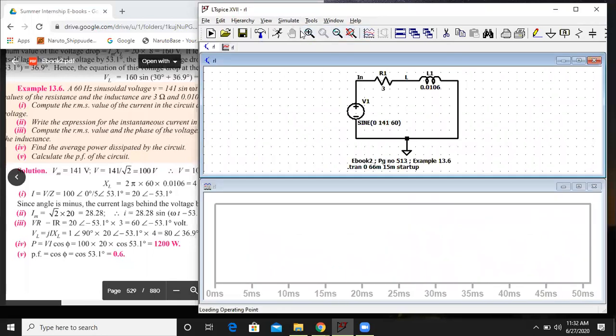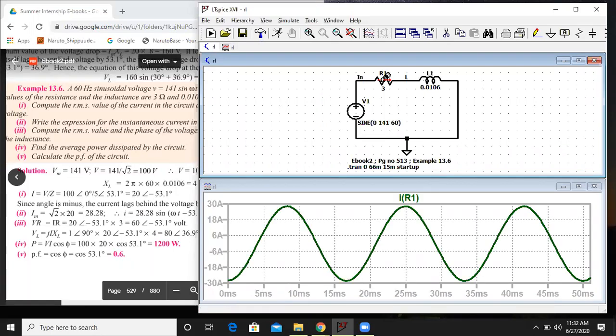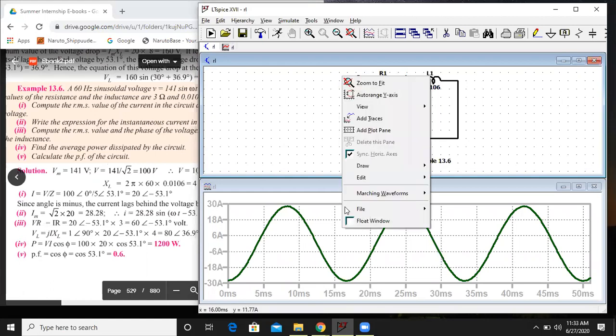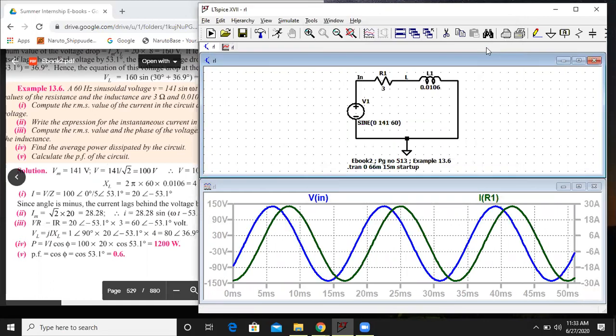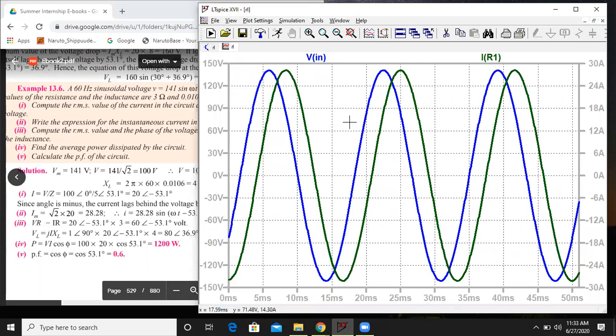I'll click on run, and now I want the current, so I'll click on this current. I also want the voltage plotted, so I'll click over here on the voltage. I can right click, add trace, and add V in the voltage over here like this. So all of you are getting this waveform. As you can see clearly, the voltage is leading the current by some angle.